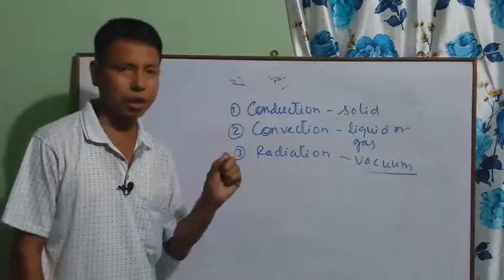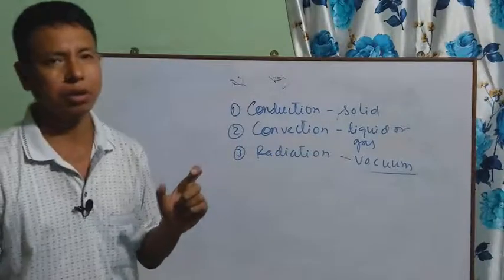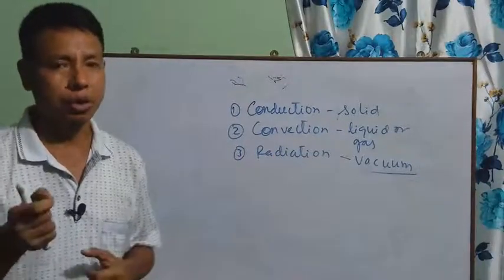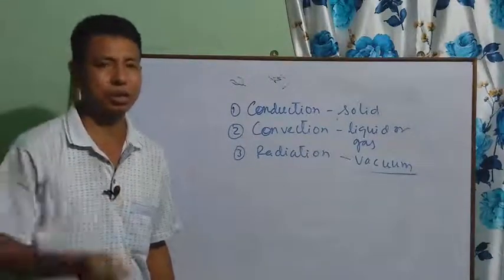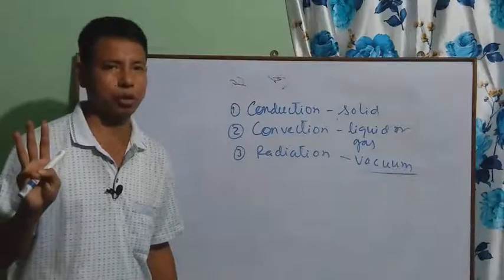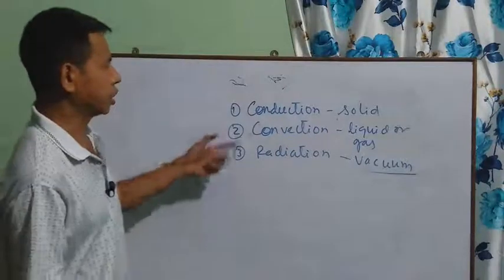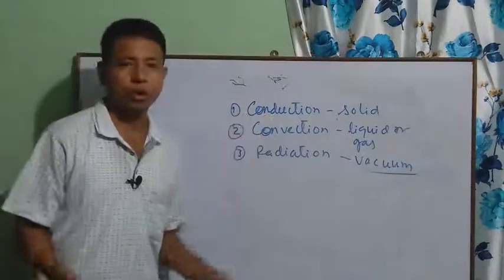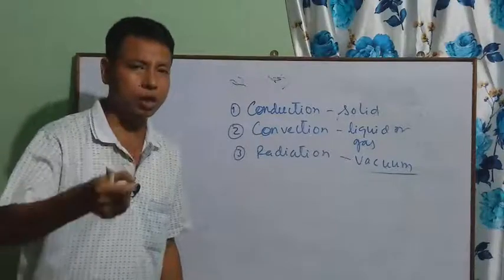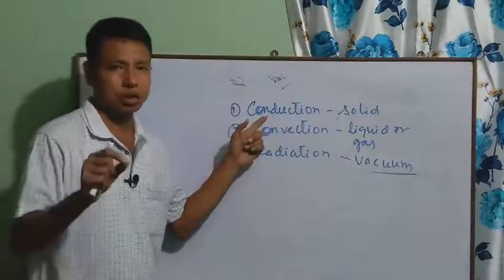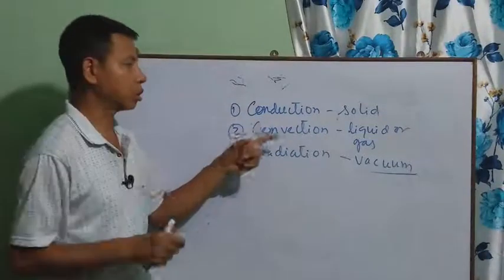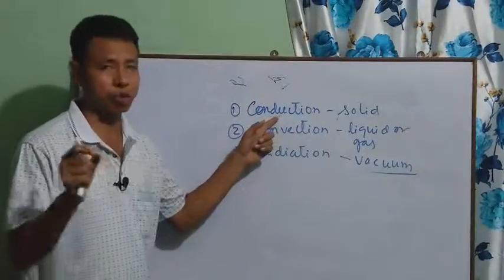In the beginning, if you remember, the way of passing the book from a teacher's table to the last bench had three forms. In case of conduction, when that book is passed from one student to the other student, the students are not moving, or the particles of that medium are not moving.